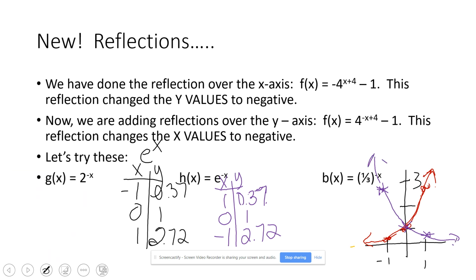Remember our asymptote at y is equal to 0.